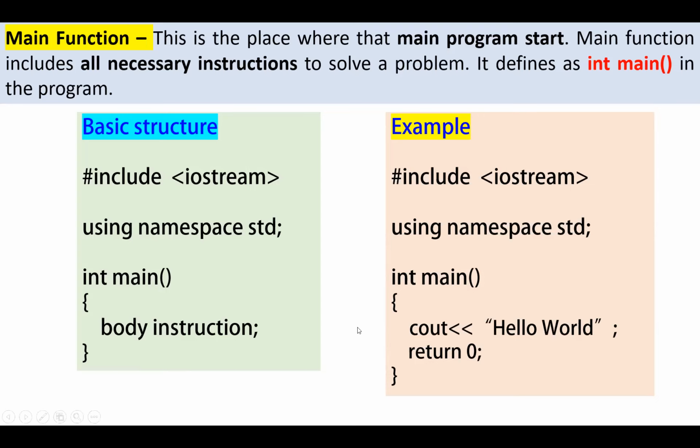Instead of int, they use another keyword called void. Void means no return value. If you use void, there is no need to insert the return 0 statement. But the compiler we are going to use here requires you to include return 0. Is it clear?